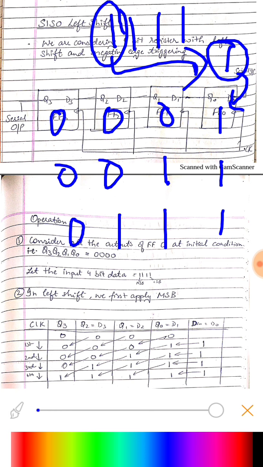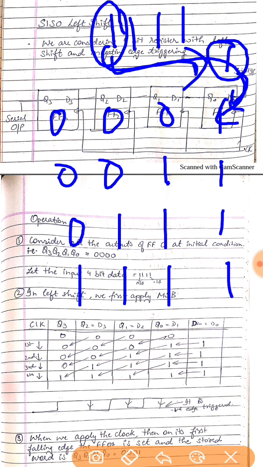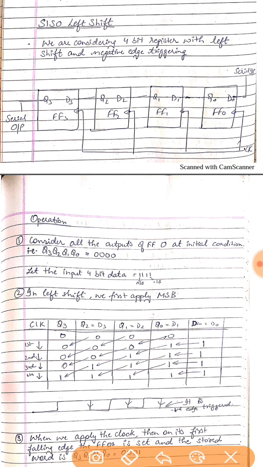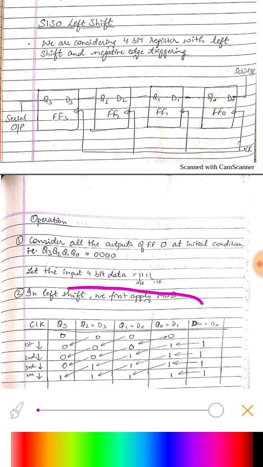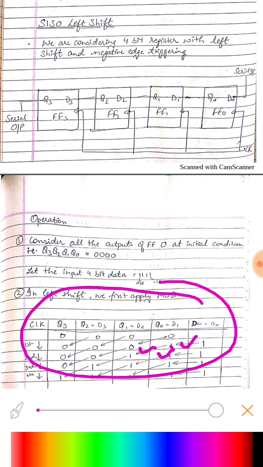And at the last negative edge it will become 1 1 1 1. So data is entering from the MSB into the flip-flops one by one, as you can see in the table also. First Q0 will become 1, then Q0 and Q1 both will become 1, then Q0, Q1 and Q2, and finally Q0, Q1, Q2 and Q3 all will become 1.